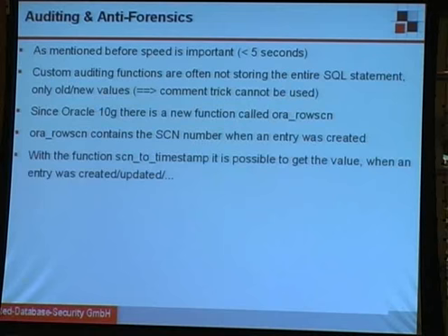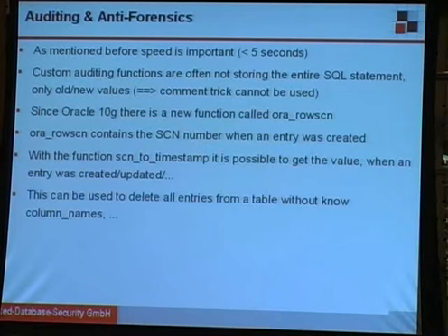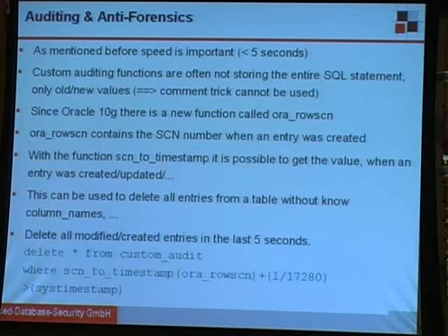And now there's another table called SCN_TO_TIMESTAMP. So you can convert this sequence number to a timestamp when the value was updated, modified, or created. Using this trick, we can delete information from a table where we know nothing about column names and so on. And that's the way we do this.